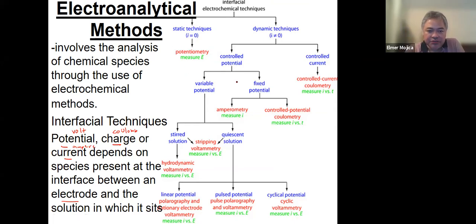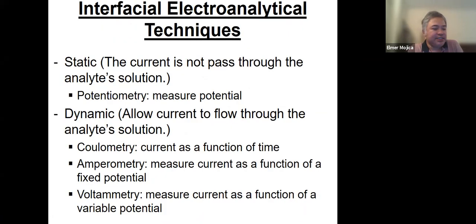And if you look at these interfacial techniques, they can be static or dynamic. When you're talking about static, the current is not passed through the analyzed solution, so you measure the potential directly.